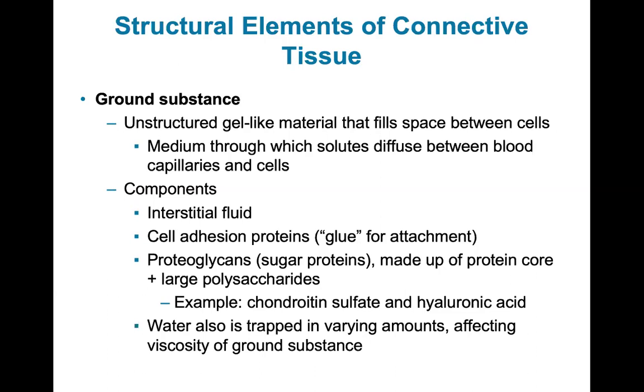These cell adhesion proteins will act as the glue for attachment. Proteoglycans, or sugar proteins, which are made up of protein core and large polysaccharides. These proteoglycans tend to be the outer coverings of a lot of cells. Water also is trapped in varying amounts, also affecting the viscosity of the actual ground substance.